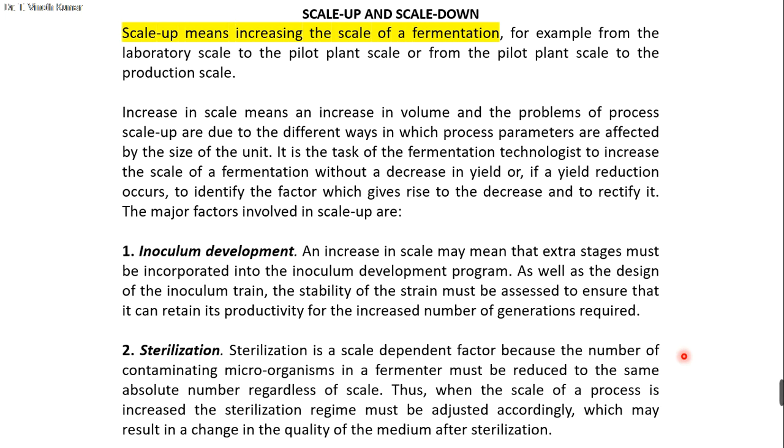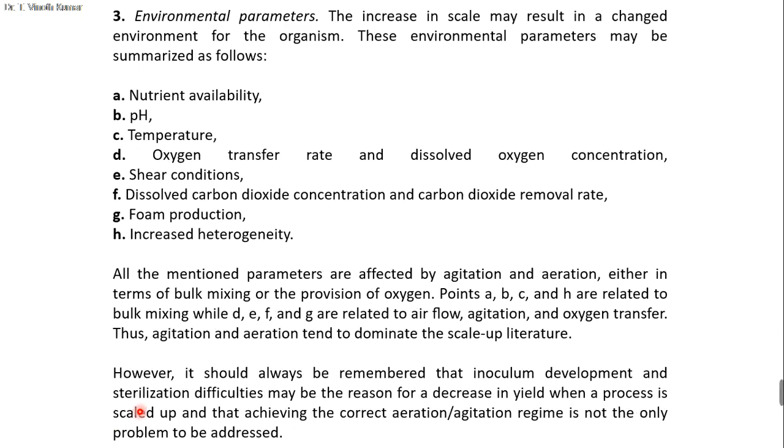That is in situ sterilization, because we cannot keep the whole 1000 liter fermenter within an autoclave. There is no big autoclave like that. So we pass steam into the vessel and increase the temperature to 100 degrees C to kill all the organisms over a long duration. This is called sterilization. This may be the problem.